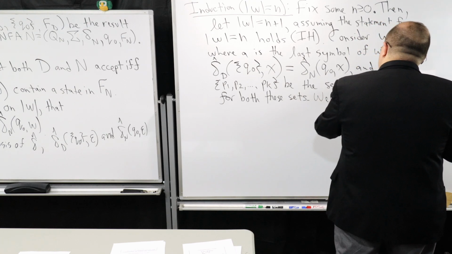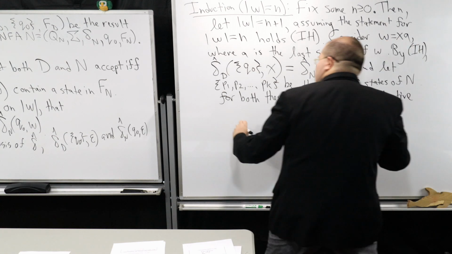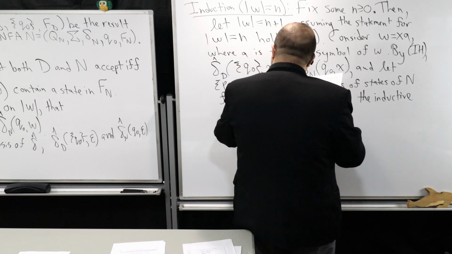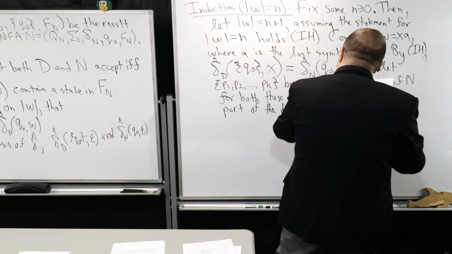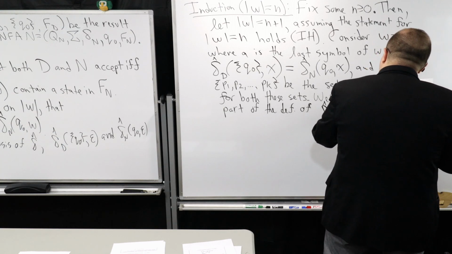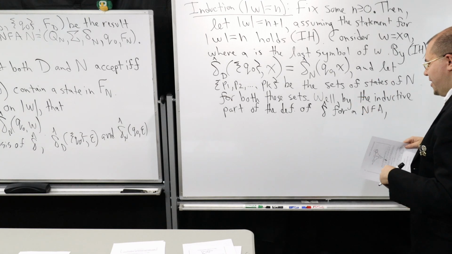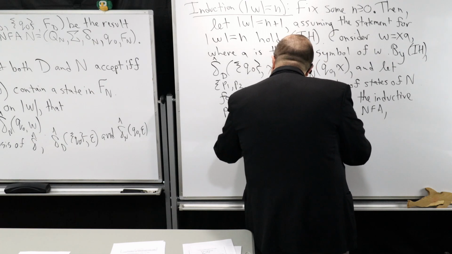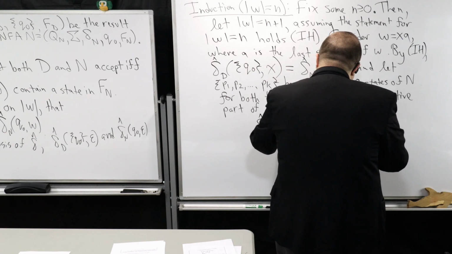Well, by the inductive part of the definition of the extended transition function for an NFA. What was the original definition? Let me write it down for you. It's the delta hat for N, given q0 and w.